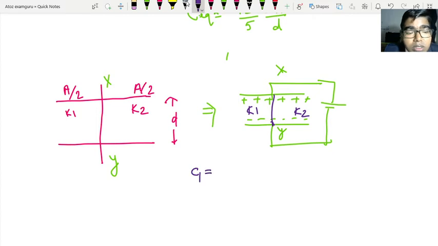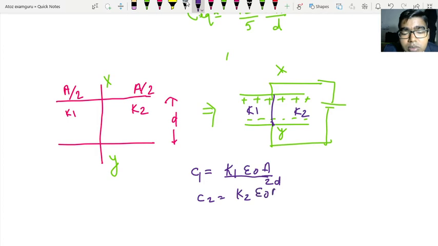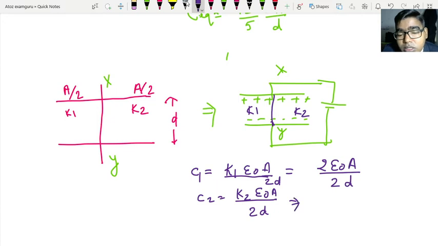C1 equals what? K1 epsilon A by 2D, right? And C2 equals K2 epsilon A by 2D. We are putting the value of K1 as 2. It's 2 epsilon A by 2D, and in this case 3 epsilon A upon 2D.